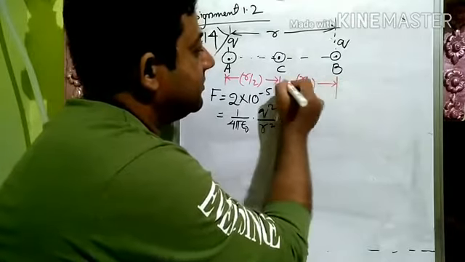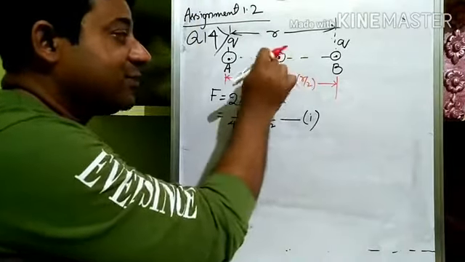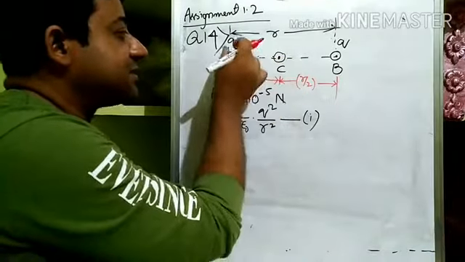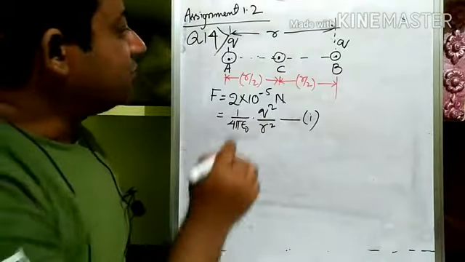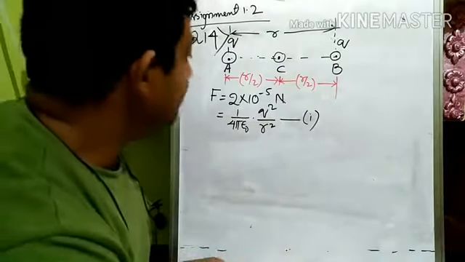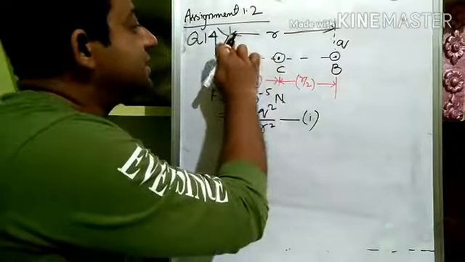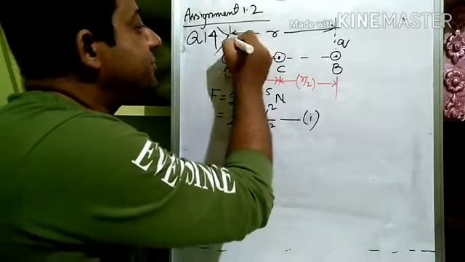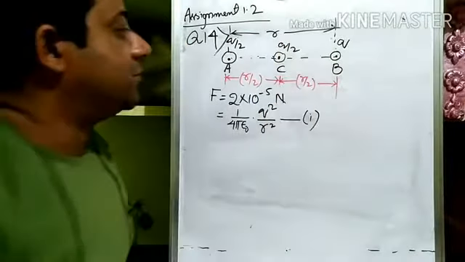But before C is placed here, it was uncharged and it is touched with A and brought here. That means the charge is changed now. The Q that was there is uniformly distributed between these two, so A also became Q by 2, and C also became Q by 2 now.